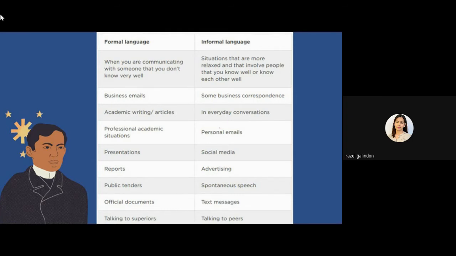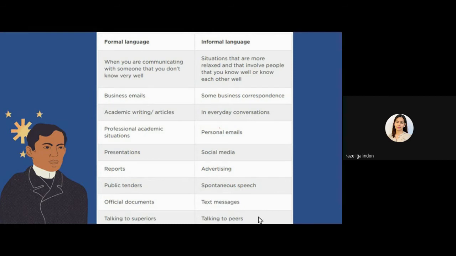So we can use formal language with business emails, academic writings or articles, professional academic situations, presentations or reports. Yan, when you are reporting, di ba sa research subject nyo, nagre-report kayo? So you should use formal language pag nagre-report kayo sa school. Public tenders, official documents, and talking to superiors.